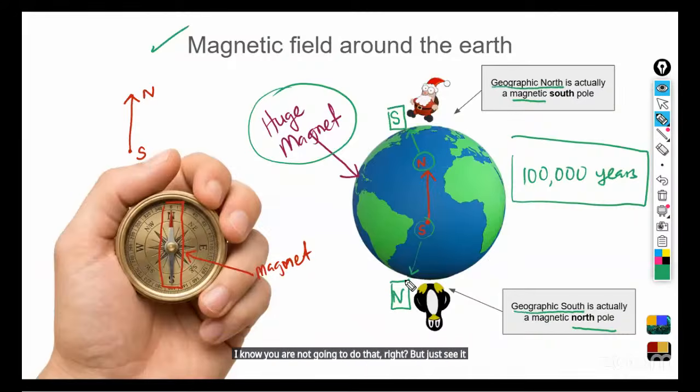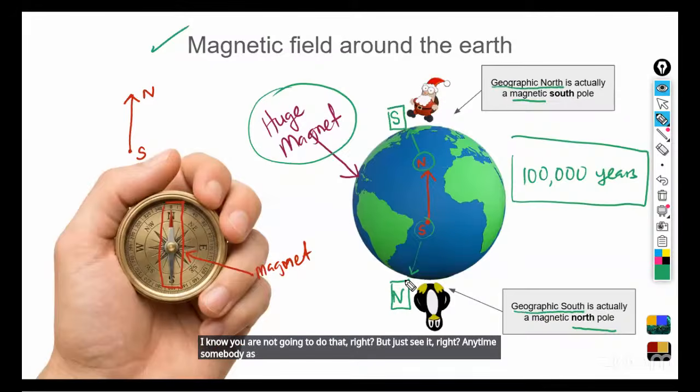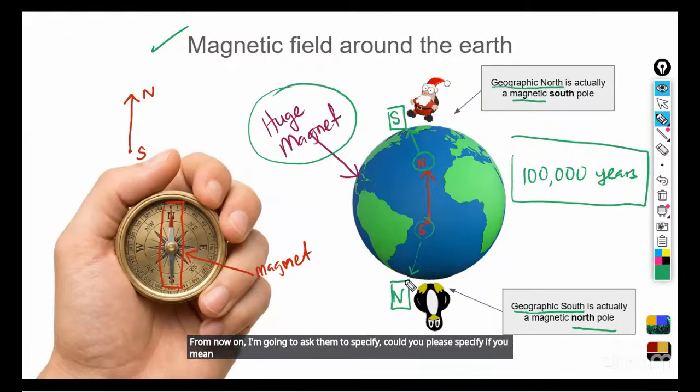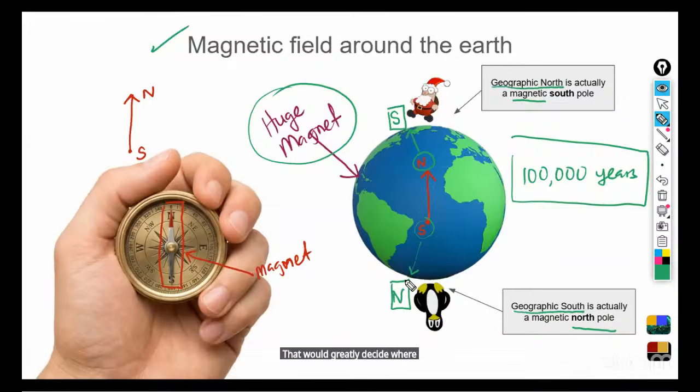Anytime somebody asks you, hey, could you walk north? From now on, I am going to ask them to specify. Good sir, could you please specify if you mean magnetic north or geographic north? Because that would greatly decide where I am to walk. Let me know when you're finished with everything on the screen, guys.